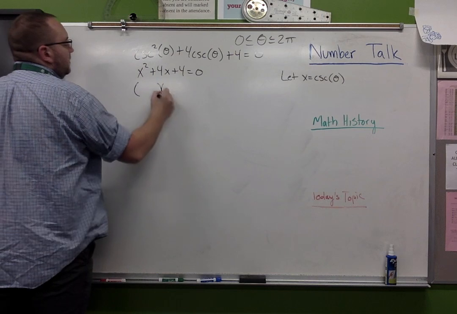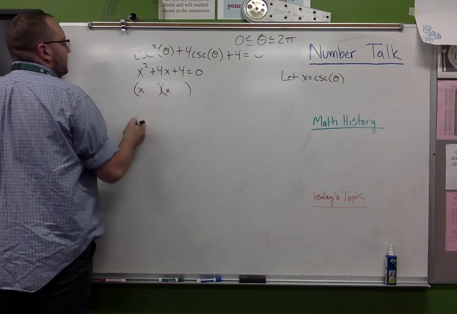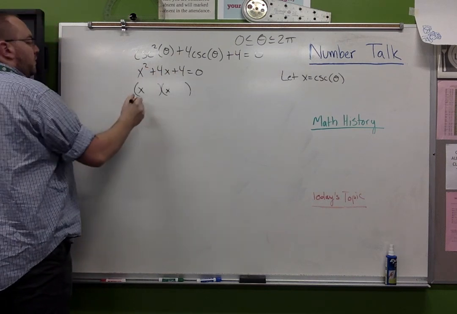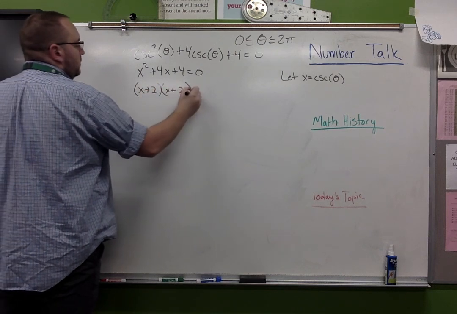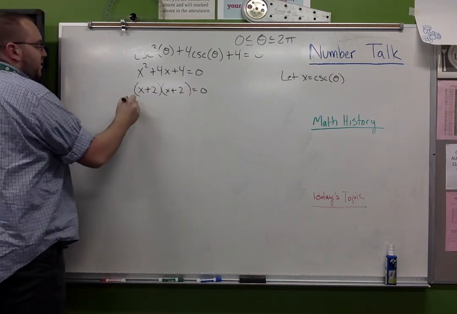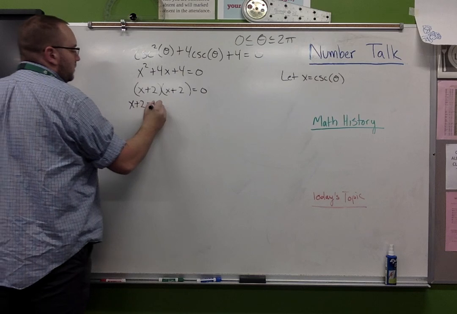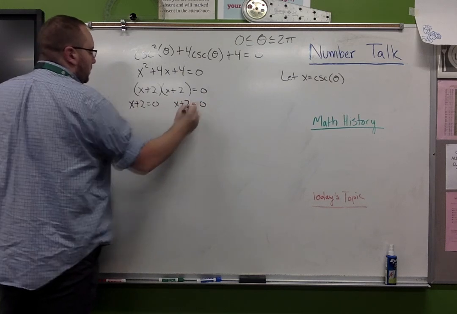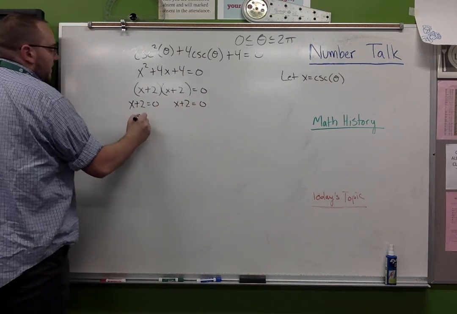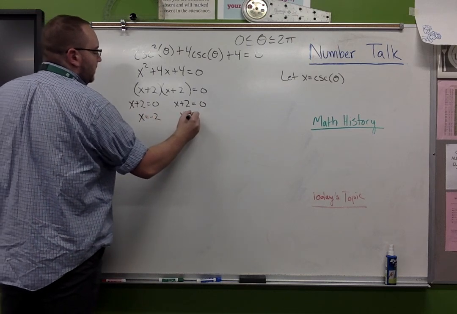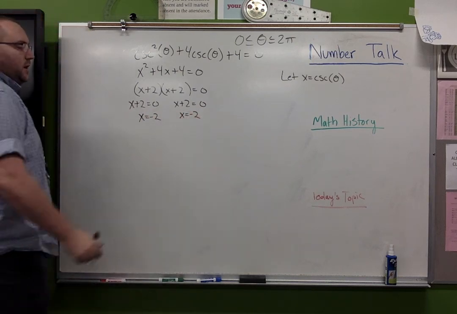Factor this. We get x and x. Two numbers that multiply to 4 and add to 4 are 2 and 2. Set each factor equal to 0. Subtract 2 both sides. X equals negative 2. X equals negative 2.